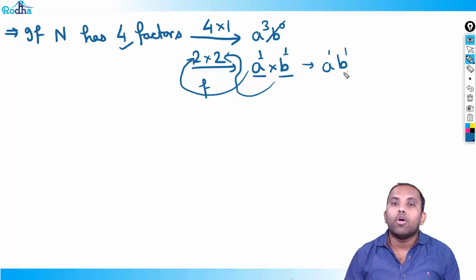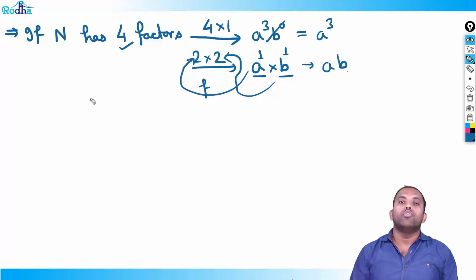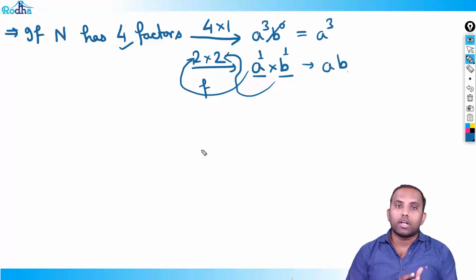So a into b also has 4 factors, as well as a cube. This is a very important concept. If n has 4 factors, both a cube and a into b will have 4 factors, so we need to take this case into account also.